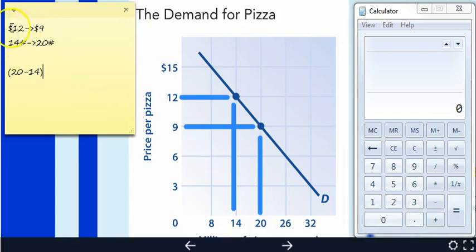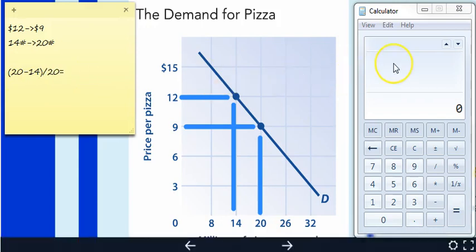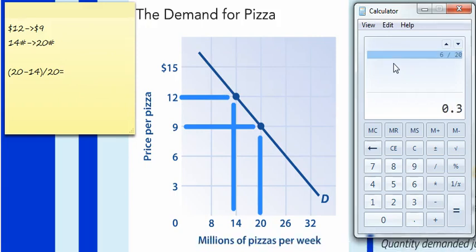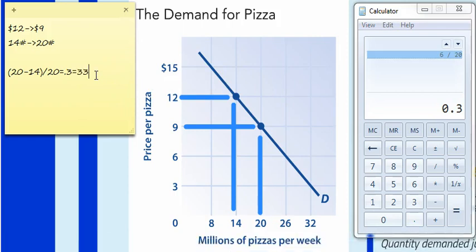At $12 to $9, our quantity goes from 14 to 20. So difference in the quantity divided by the bigger number, 20 minus 14 is 6, divided by 20, I get 0.3, or 33%.